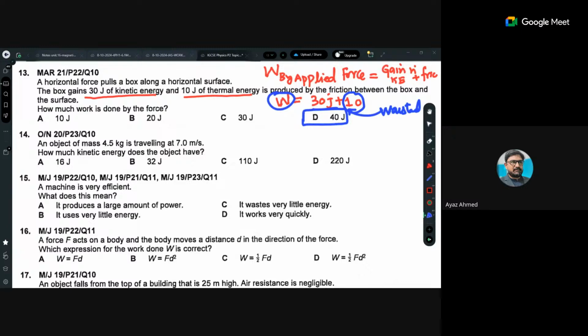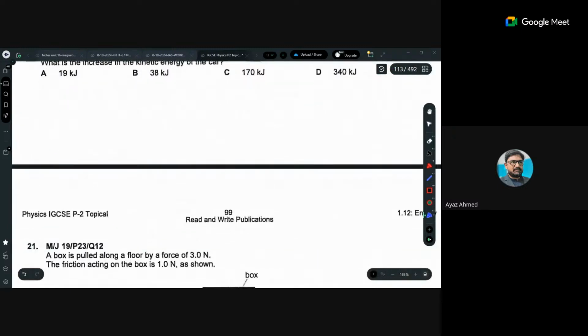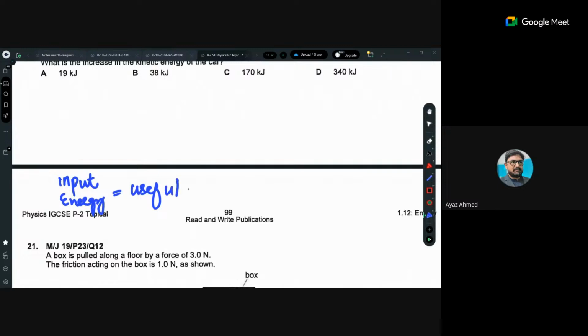So when we talk about the energy, let me solve here. Input energy is equal to useful work done or useful energy plus wasted energy.